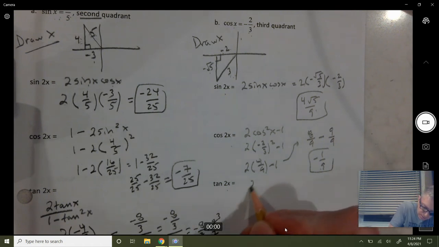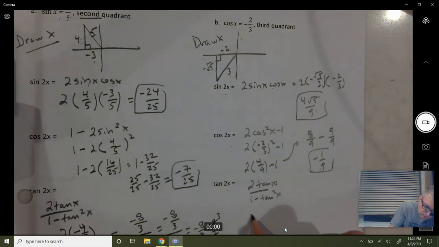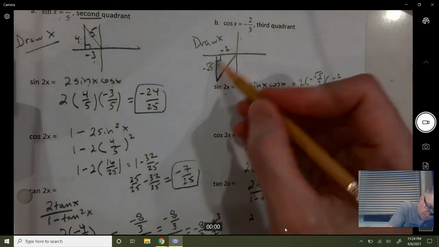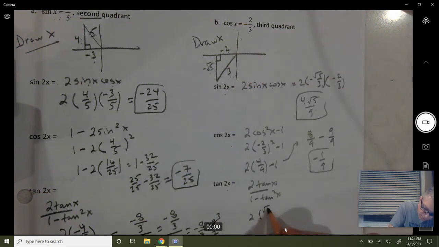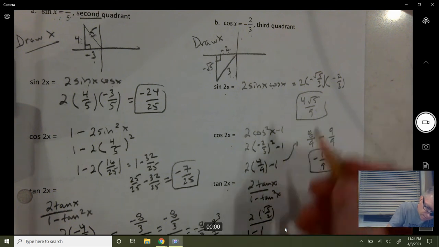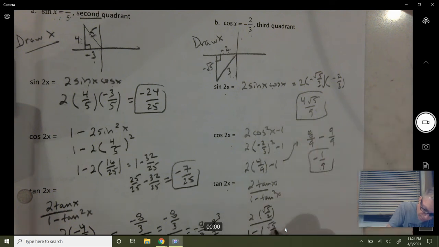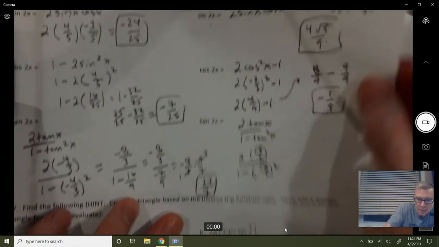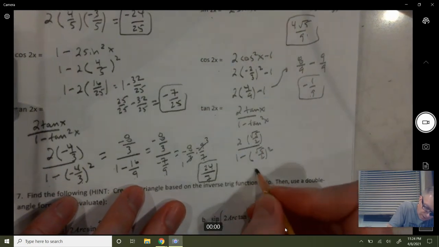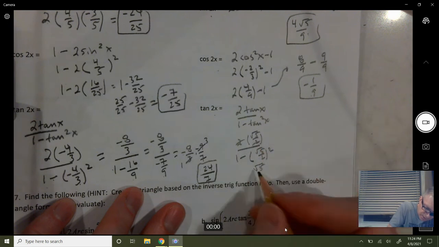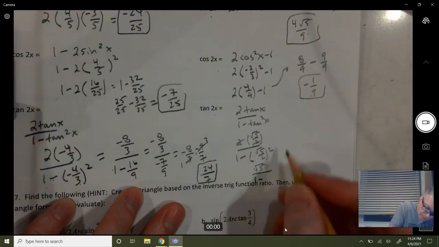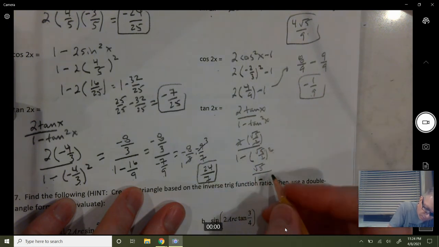Tangent 2x is 2 tan x over 1 minus tan squared x, or 2, tangent x is going to be rad 5 over 2 over 1 minus rad 5 over 2 squared. Okay, so that's going to be rad 5 on the top, the 2's cancel. The bottom we've got 1 minus, square that, we'll get a 5 over 4.